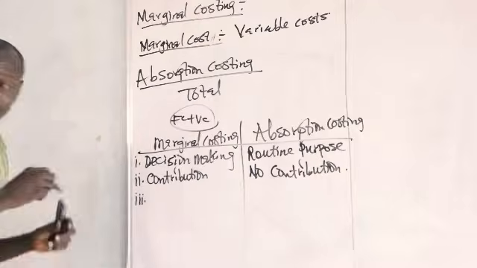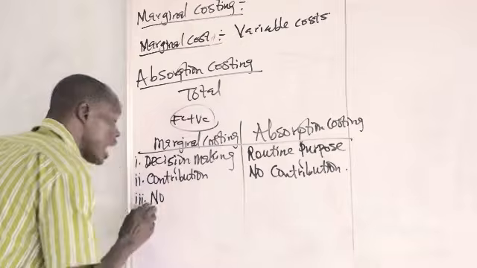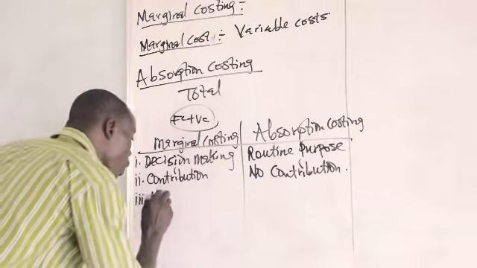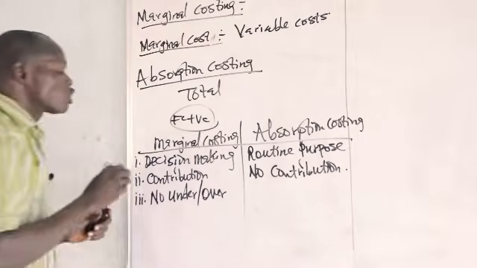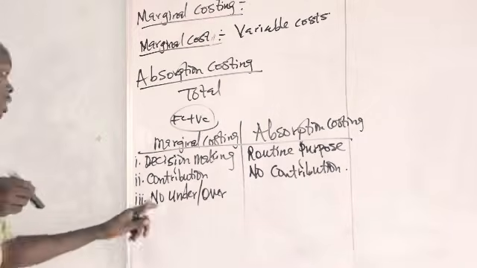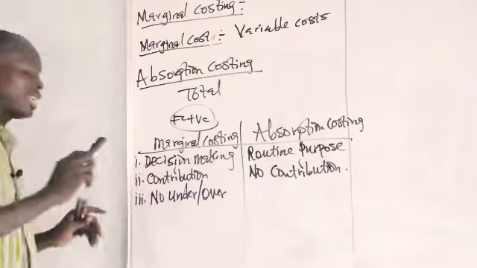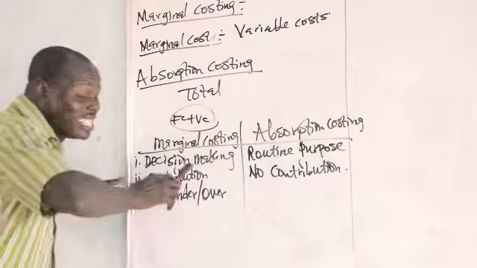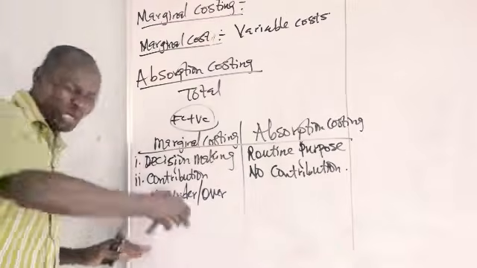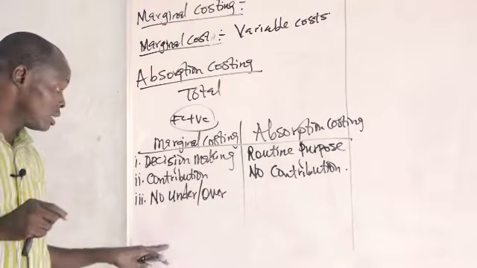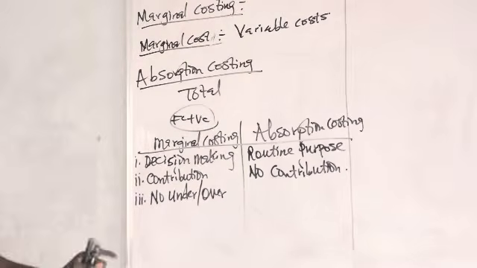In marginal costing, there is nothing like under or over absorption of fixed production overheads. I use the words fixed production, not all the overheads; it is the production alone that will be absorbed.